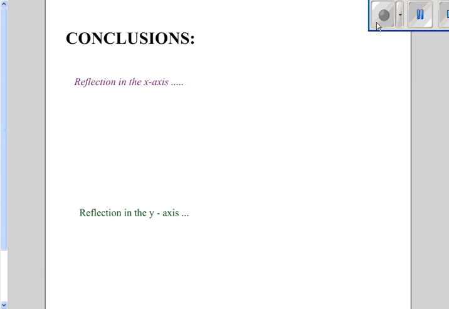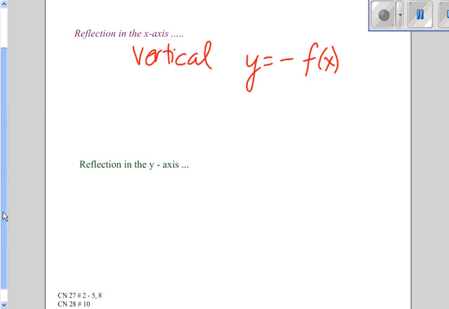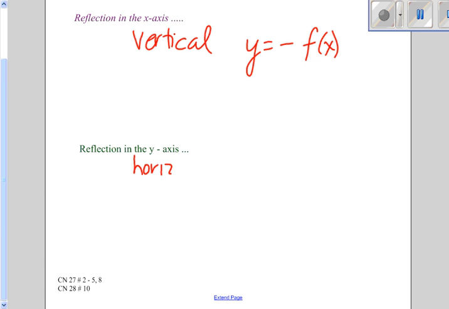A reflection in the x-axis is when the up goes down and the down goes up. That is a vertical change. That is when we are graphing the negative of the original function. A reflection in the y-axis is a horizontal reflection. Horizontal means you always change things inside the function, and they're always backwards to what you might think intuitively. And that is our horizontal reflection across the y-axis.